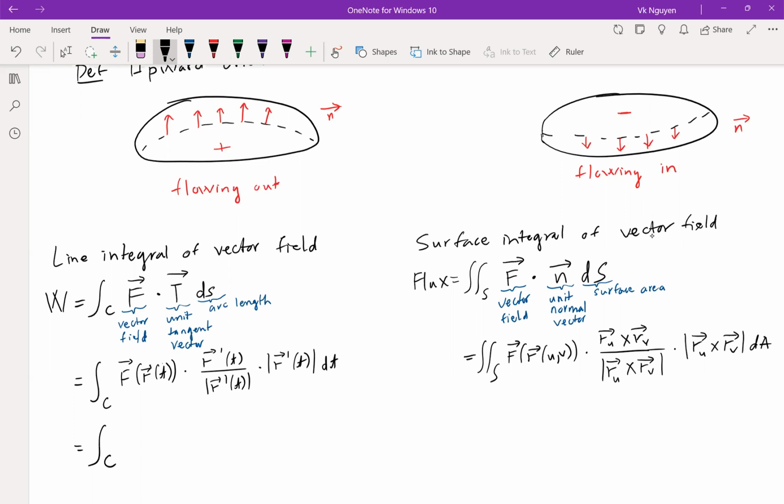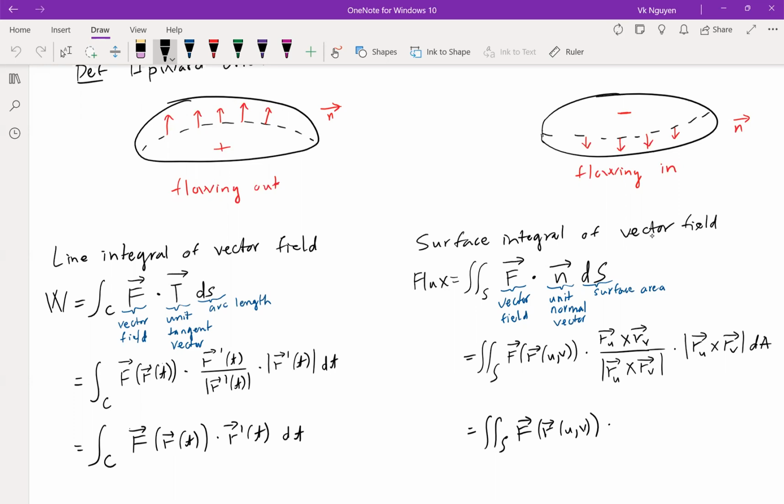So for the line integral, it's going to be F(r(t)) dot r'(t) dt. For the surface integral, it's F(r(u,v)) dot r_u cross r_v dA. It is the dot product, right? It's not multiplication.